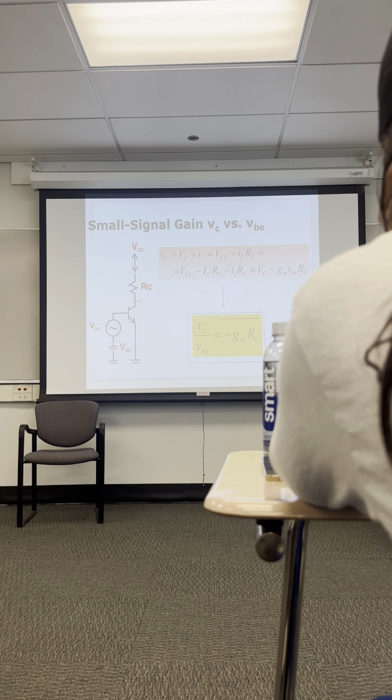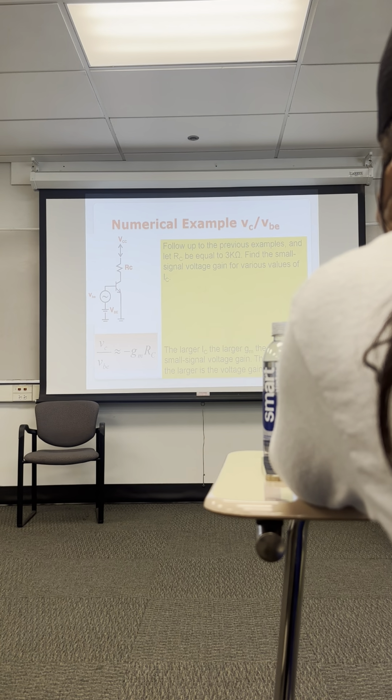If we put a capacitor here and connect a load resistor out here, then we have to compensate for the load resistor because it will be in parallel with R sub C. But without a load resistor or a source resistor, the gain is minus G sub M R sub C.